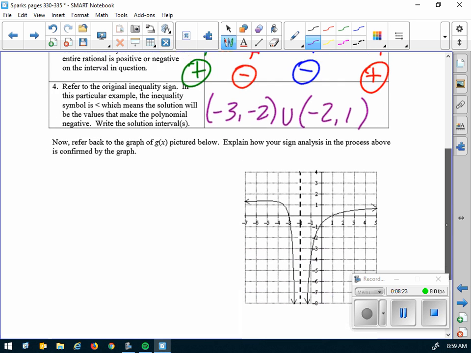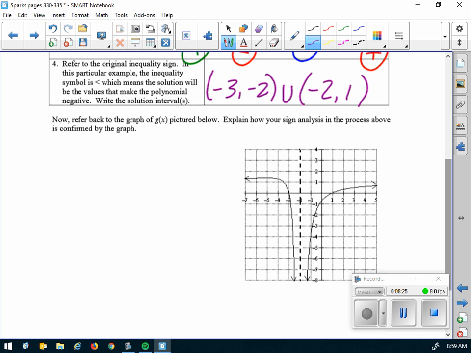Now let's talk about that graphically. This is the graph of that thing we just worked through. Let's look on your graph for this section. We're looking for the graph between x equal -3 and -2. That's all below the x-axis.